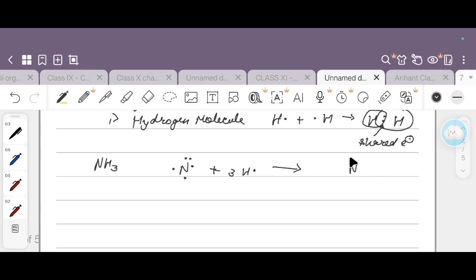Now a bond is formed as... now for nitrogen we have 1 2 3 4 5 6 7 8 electrons.